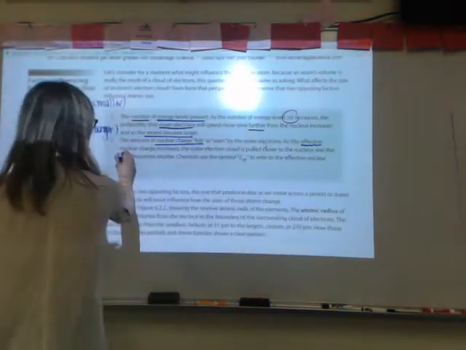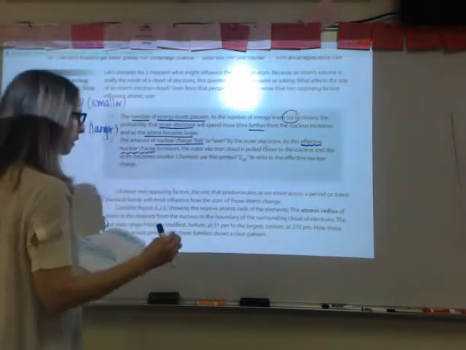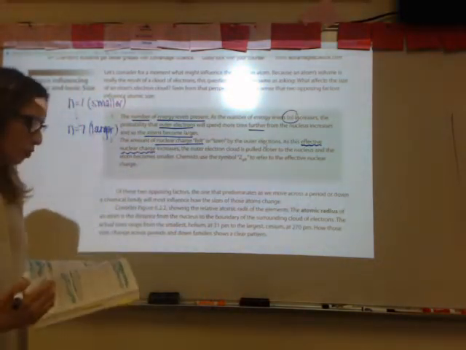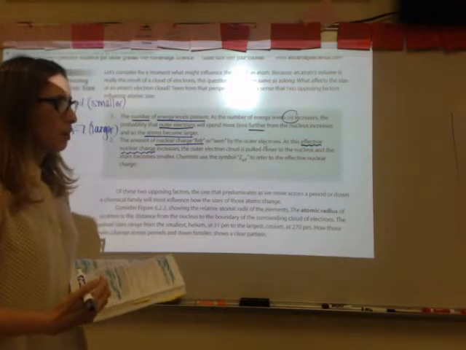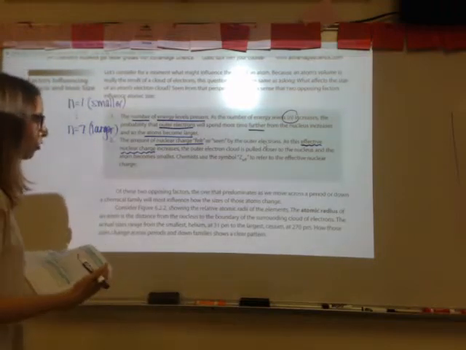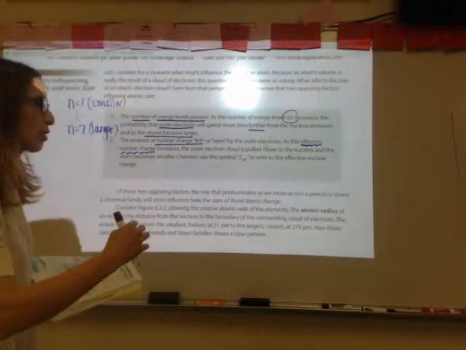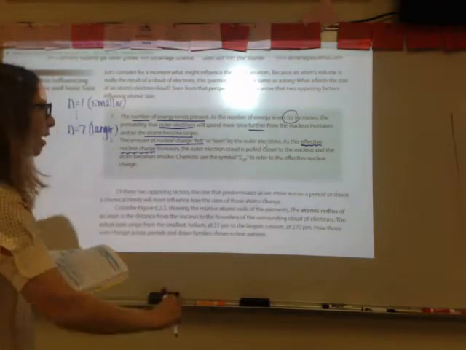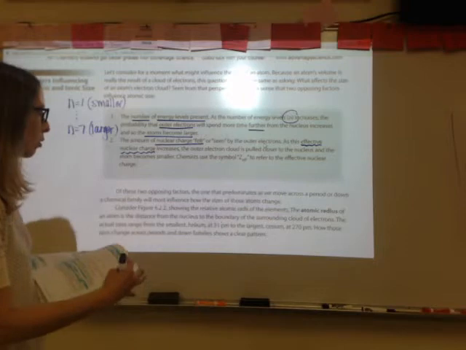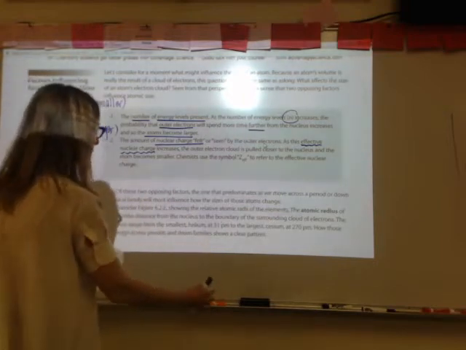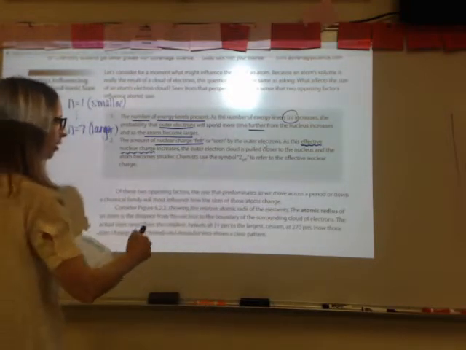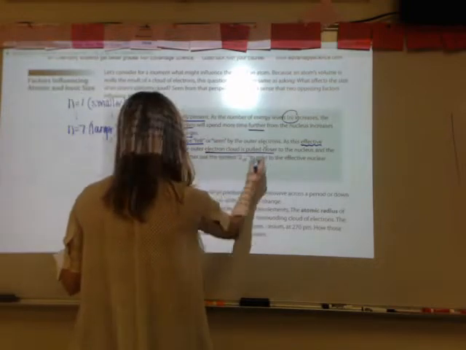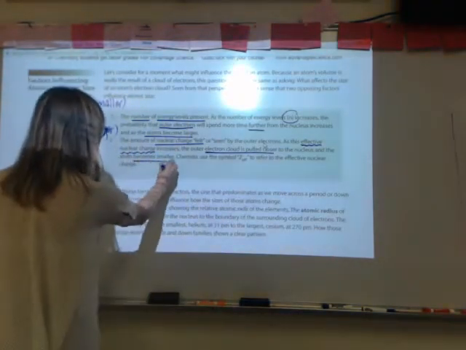Effective nuclear charge is referring to the positively charged protons in the nucleus having the ability to engage with the electrons in the outermost shell, and they can pull them in closer. So it's effective if that outer electron cloud is pulled closer and closer and closer to the nucleus, and that causes the atom to become smaller.